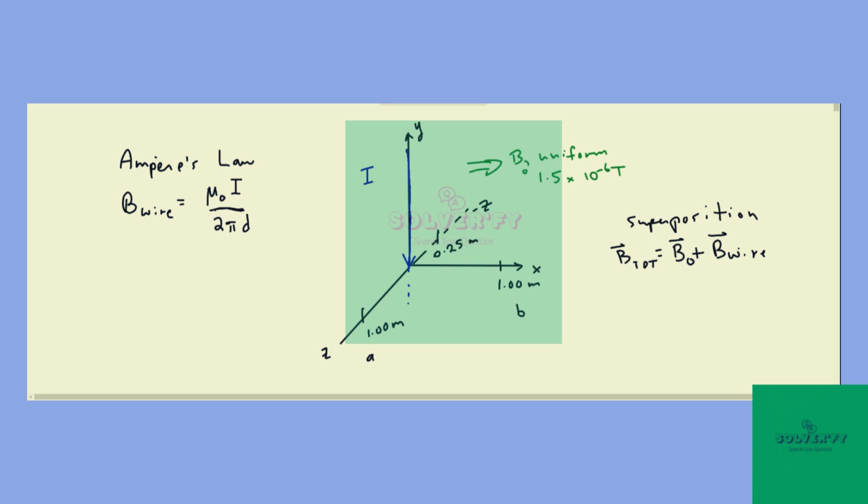Okay, so we have two magnitudes to figure out for the B wire, but let's figure out the direction. So the right-hand rule, usually what I do is I put my thumb in the direction of the current of my right hand, and then I see which way my fingers curl around the wire. And so what I see is in the front on the z-axis, the wire is going to the negative x.